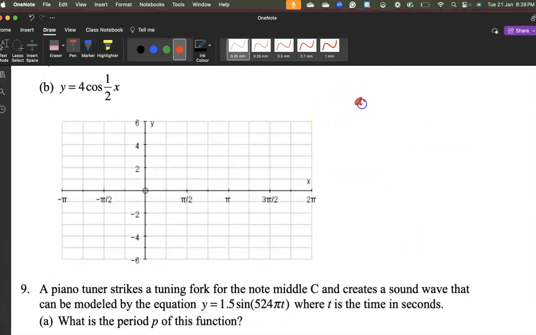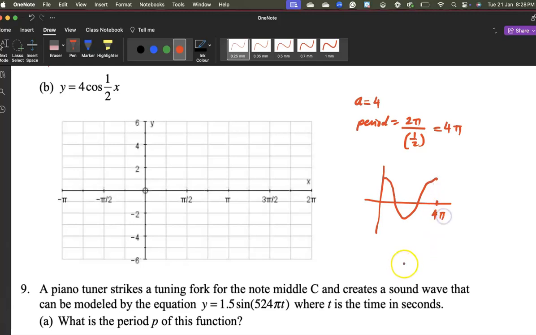What's the amplitude? 4. What's the period? Period is 2 pi upon 4 pi... Remember, that's my left graph. Always your cos starts from max. 4 pi means this is 4 pi.